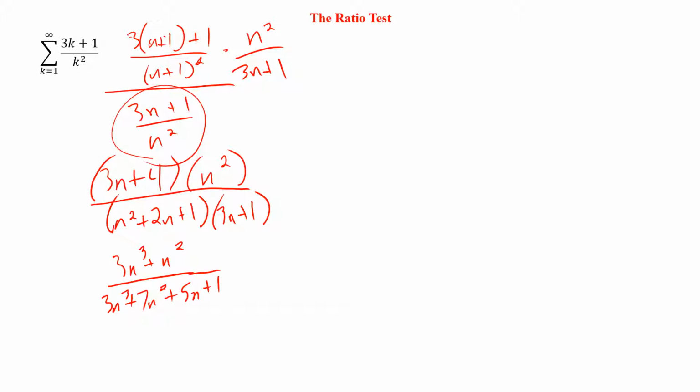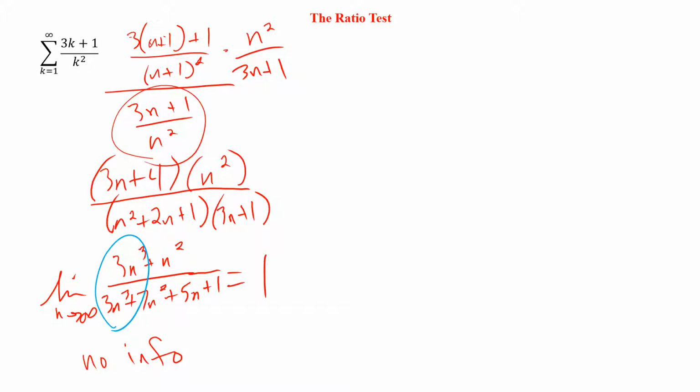That's just distribution, just multiplying. Limit as n goes to infinity. Really, the only pieces we need are these pieces right here, which limit as n goes to infinity equals 3 over 3, or 1, which when it equals 1, we have no info on this test for the ratio test.